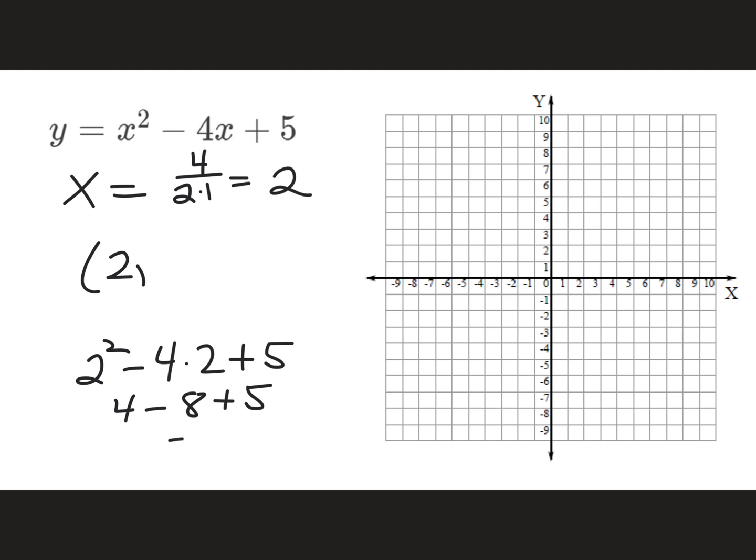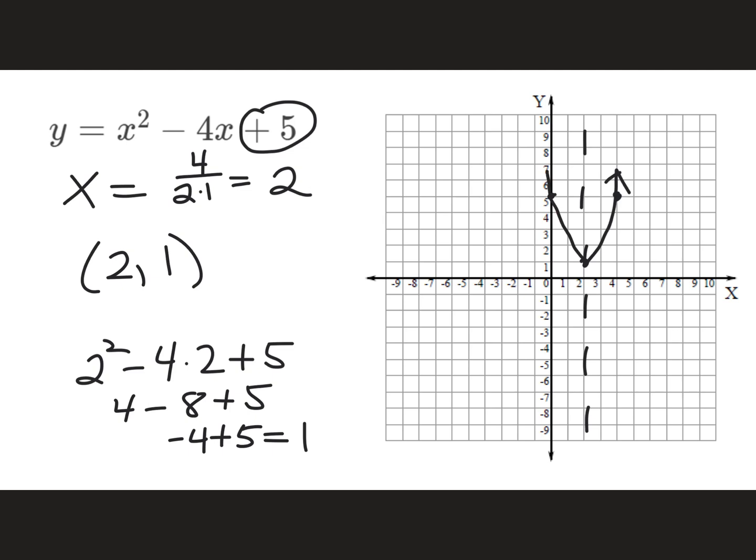That is a negative 4 plus 5, which equals a positive 1. Alrighty, so my vertex is at 2, 1 right here. And again, I'm going to just draw my line of symmetry. My y-intercept is this plus 5. And then I'm just going to go all the way on the other side of the line of symmetry and do that. Make the arms of my parabola, and I am done.